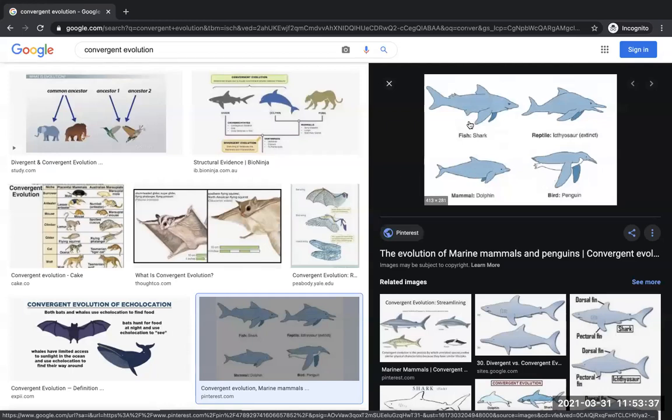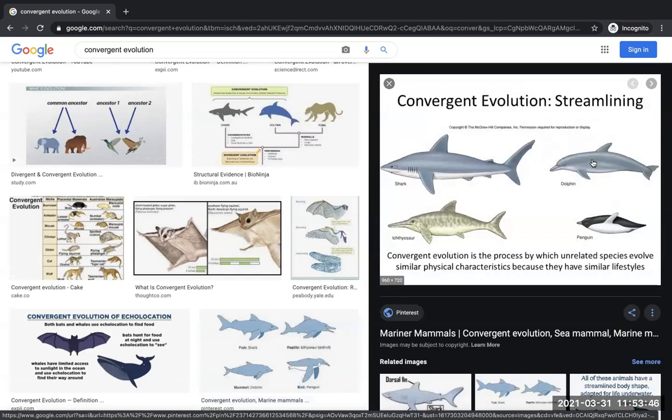They all have similar body shapes. This is not because they had a common ancestor. This is because they have maybe the same environment. It gives them the same streamlined body shapes. Maybe with this body shape, it's easy to swim. So convergent evolution is when they don't have a common ancestor, but they have similar structures. So that's an example of analogy, convergent evolution.